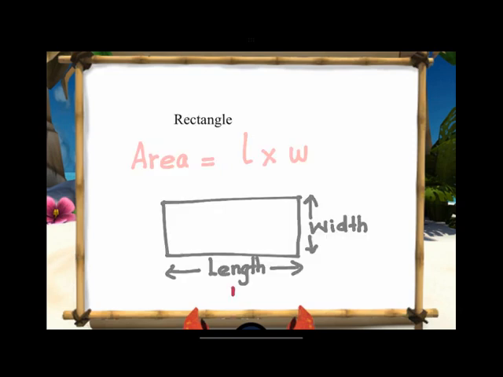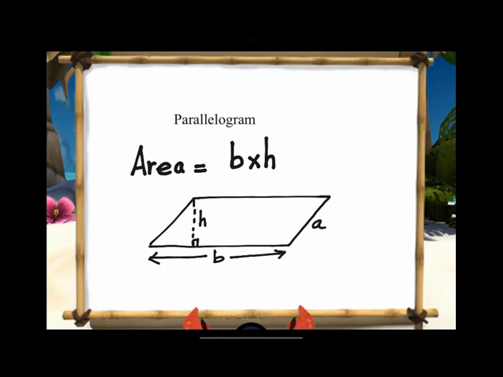The area of a rectangle equals length times width. Area of a parallelogram equals base times height, where height is the perpendicular height of the parallelogram.